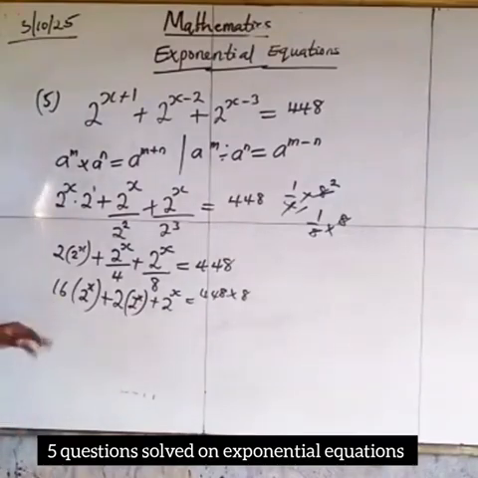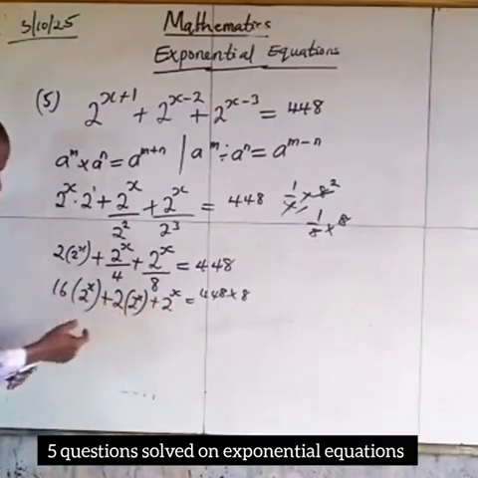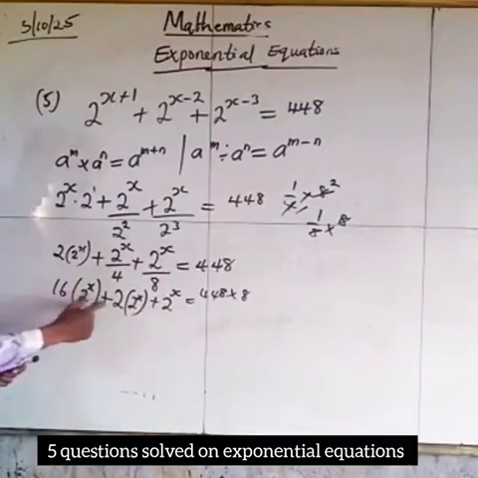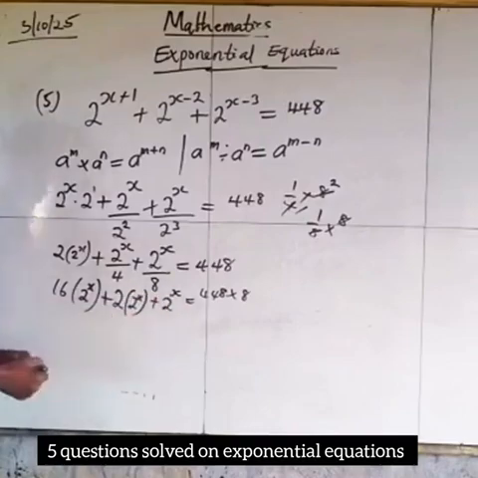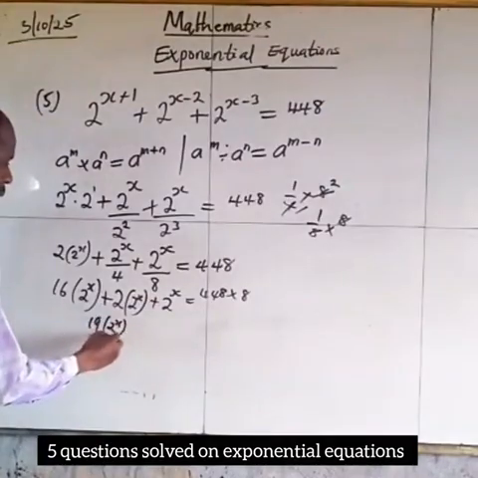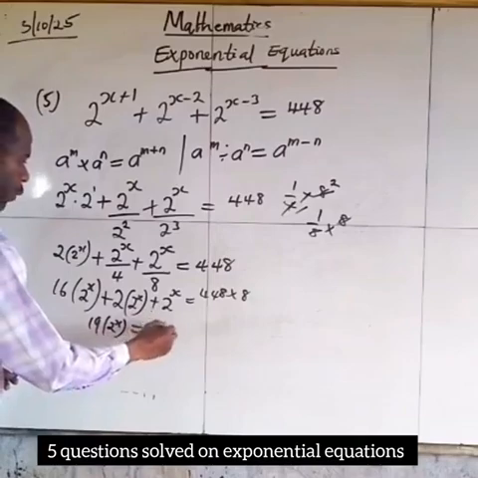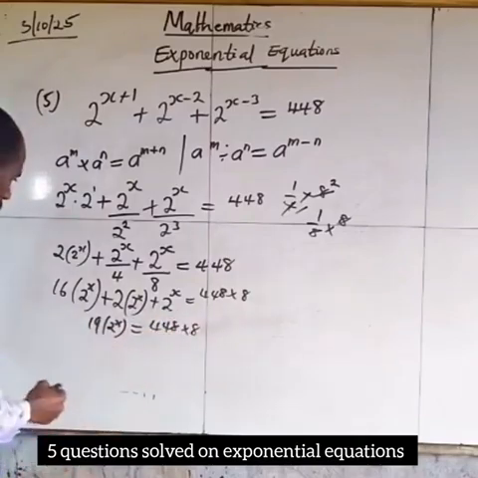Now, if you notice something here, we have 2 raised to the power x here, 2 raised to the power x, and 2 raised to the power x. So the coefficient of 2 raised to the power x here is 16, plus 2 is 18, and here we have just one of it, that's 19. So which means we have 19 times 2 raised to the power x, equal to 448 times 8. Well, I don't have a calculator, that's why I'm simply doing it that way.